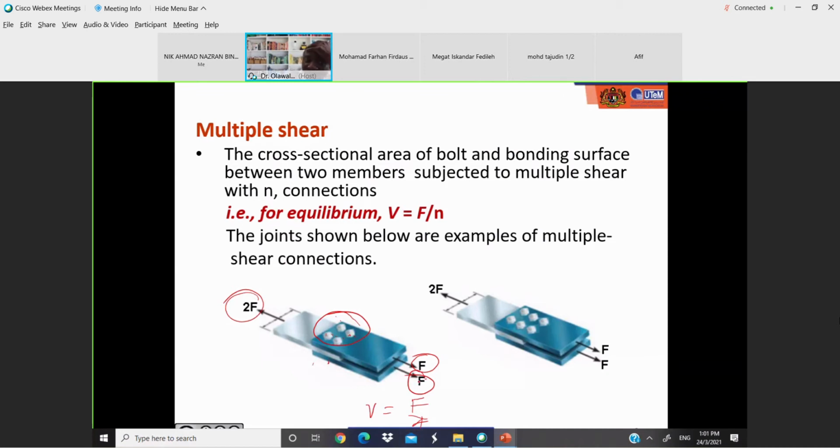But if you are using this, then you have 4 on top, 4 at the bottom. So this V equals 2F divided by 8. 2F is on top and bottom. 4 on top, 4 at the bottom. If you use only F, which is only the top, then there are only 4. Below there are only 4.